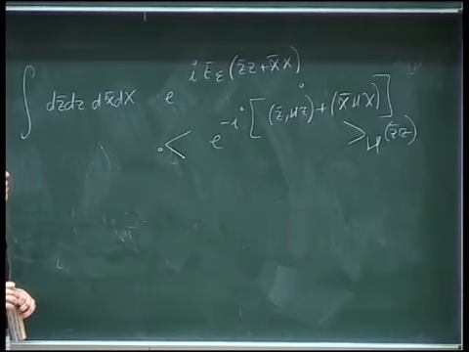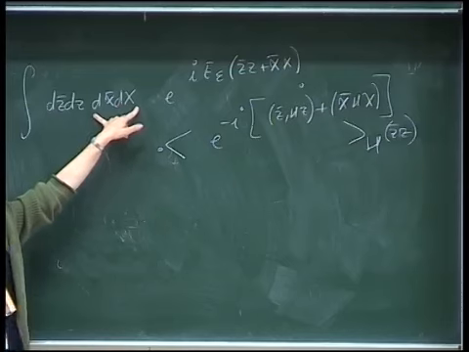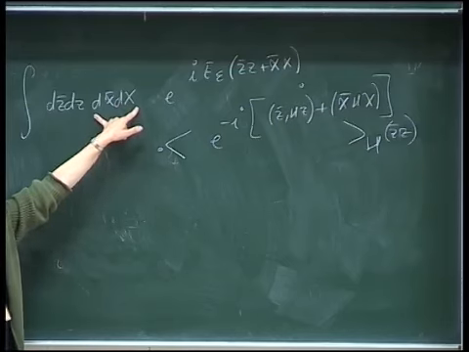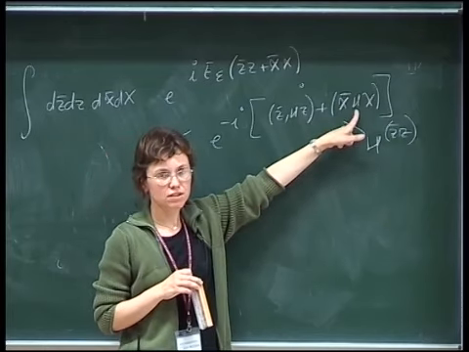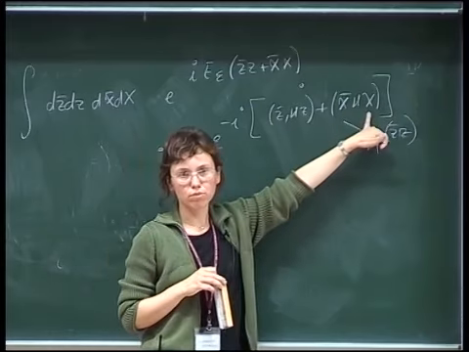All I did was to add the Gaussian integral over the fermionic variables. And now there is a second term that has h dependence, and that's this quadratic form.